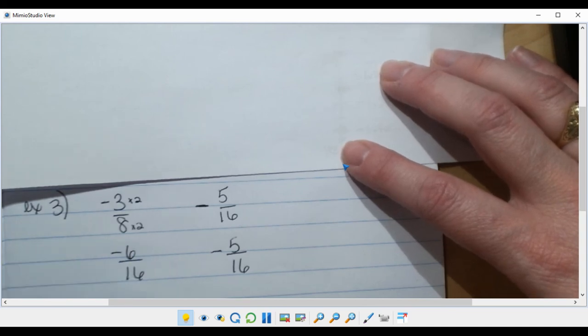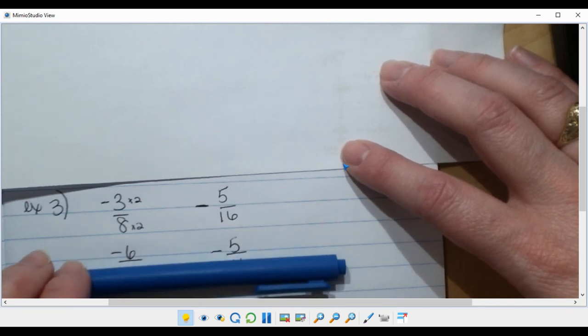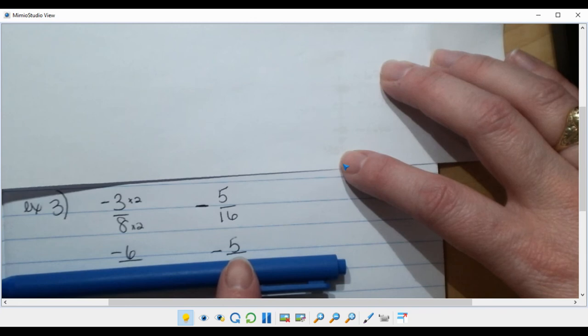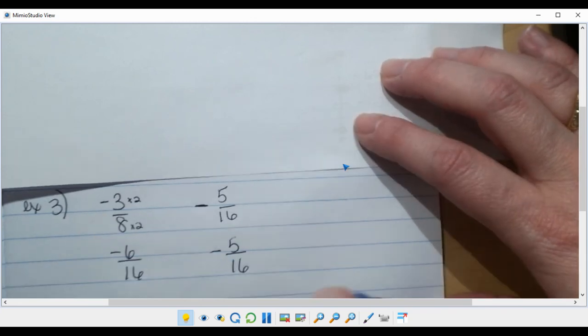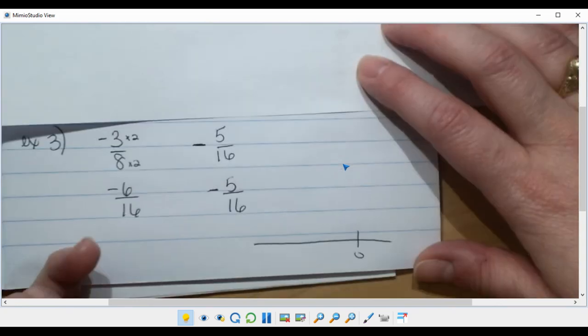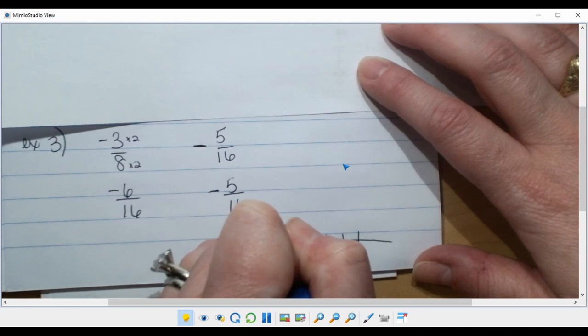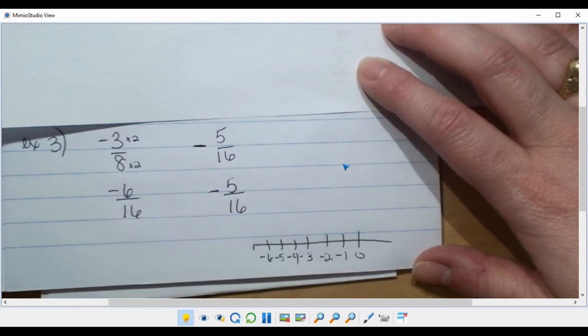Now, because they have the same denominators, I can actually just compare the numerators. The pieces are the same size. I just have to figure out which one I took more from. All right? This one is a -5, and this one is a -6. So let's think about our number line. Here would be 0. We have a whole bunch of numbers down here in the negativeness, counting in order, going away from 0.